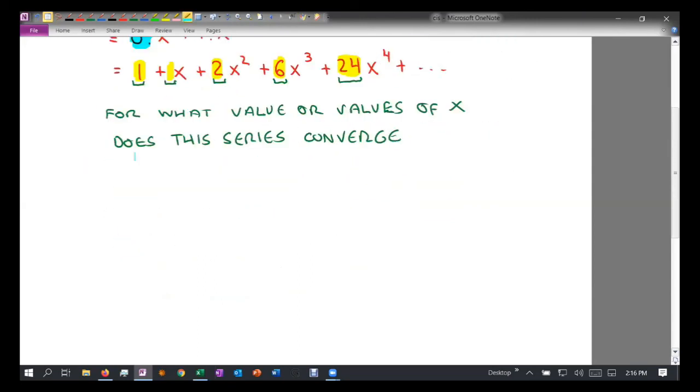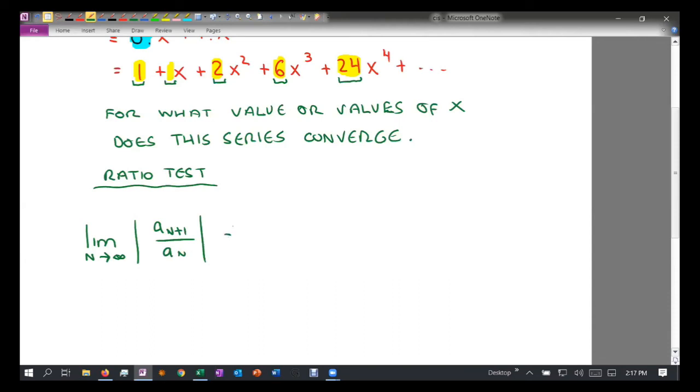So how am I going to figure out whether or not this converges for what values? I'm going to do a ratio test. And the ratio test says that we will be taking the limit as n goes to infinity of the absolute value of a sub n plus 1 over a sub n. That's our good old ratio test, isn't it?